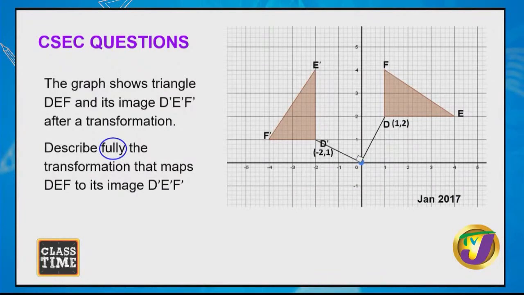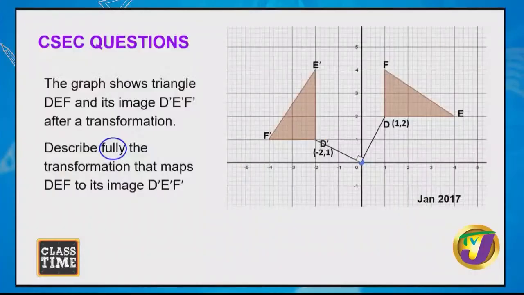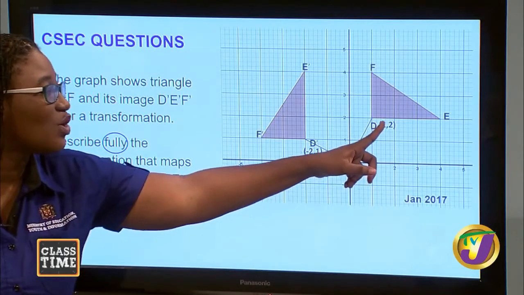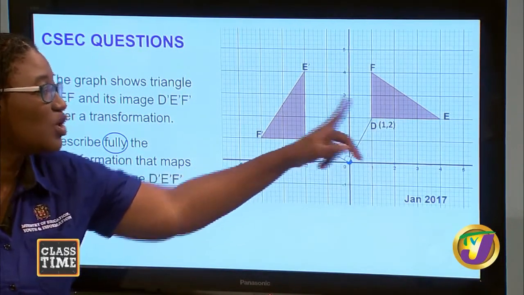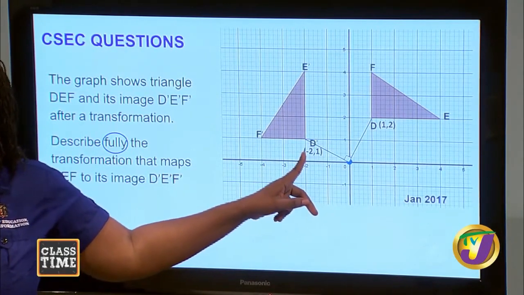But guess what? We had talked about this earlier. So let's look at the coordinates then. We had D being 1, 2 as the coordinates, and D prime was -2, 1. Same thing that we said. We talked about the values interchanging, and we also spoke about this Y value, which was 2, and the negative of it going in the X place.